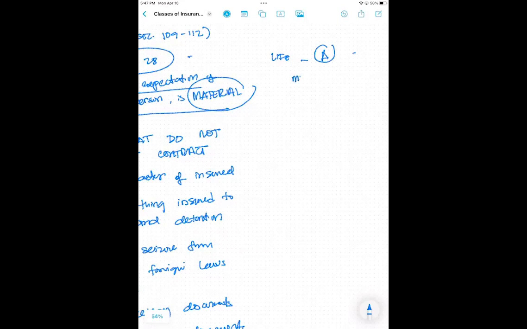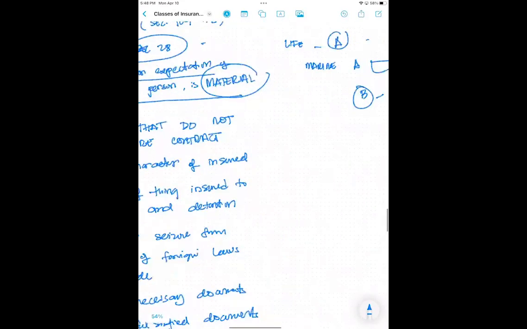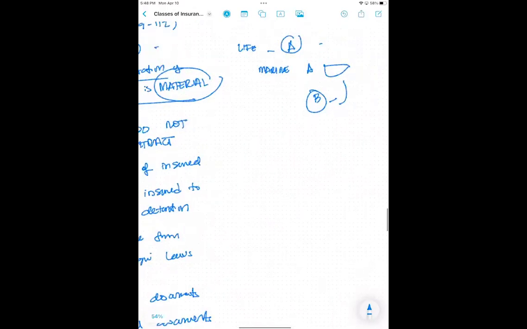But in marine insurance, let's say for example, A owns the ship and B, who is not A or not employed by A, is actually a third person who is knowledgeable as to the condition of the ship, and if B has communicated to A certain condition of the ship, which relates to the risk, material to the insurance, then A must communicate such to the insurance company.